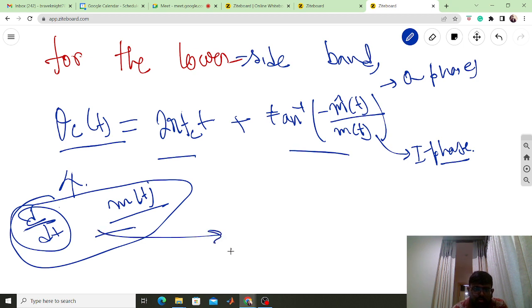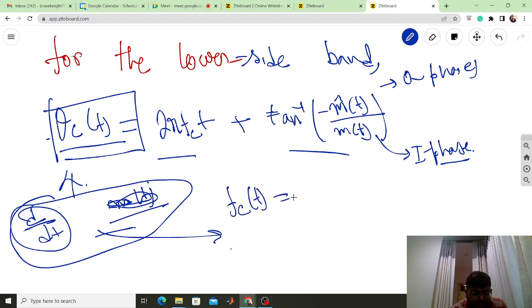So from that we can calculate. Now we do differentiation over this theta c(t) with respect to t, and the factor that will come is fc of t is equal to fc plus the two terms. So let me write it.